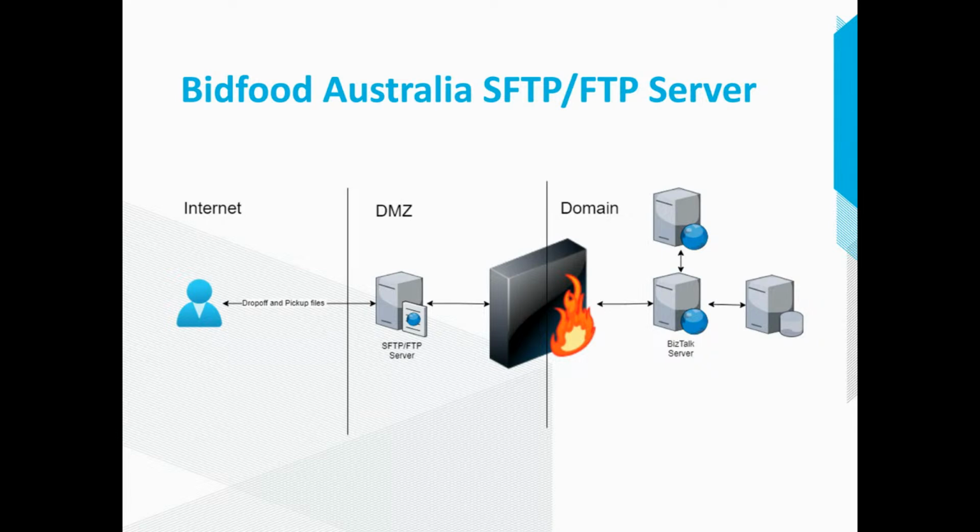We also had, at the same time, one of our Bidfood companies elsewhere in the world that wanted to be able to see what we call catalog files. These catalog files are very large pricing files. They could be anywhere up to 5 gig, maybe about 1 gig.